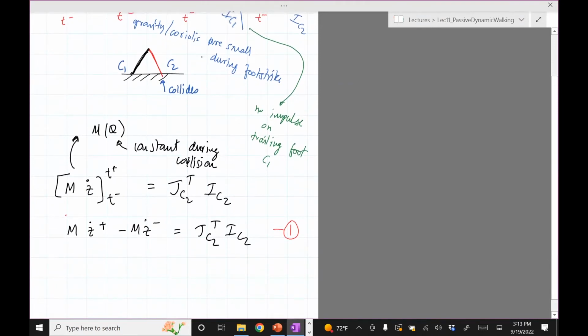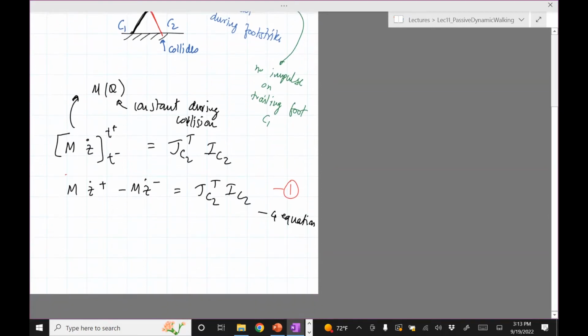Okay, so this has 4 equations. The 4 equations are because z is x, y, theta 1, theta 2. And so when you take the derivative of them, you will have 4 equations. But then there are 6 unknowns. Why are there 6 unknowns?